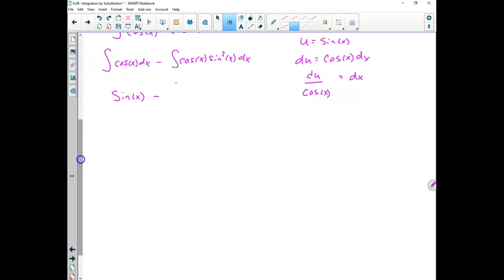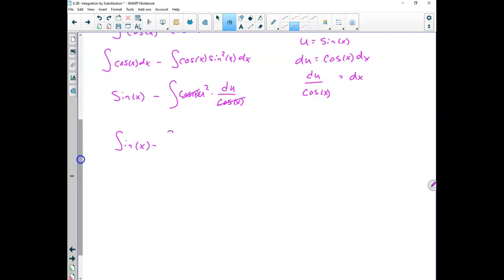So here is going to be my u squared. My cosine I'm going to leave there. That's going to be u squared times dx, which is du over cosine x. Oh, look at that. That's nice. And I've already integrated the first part.